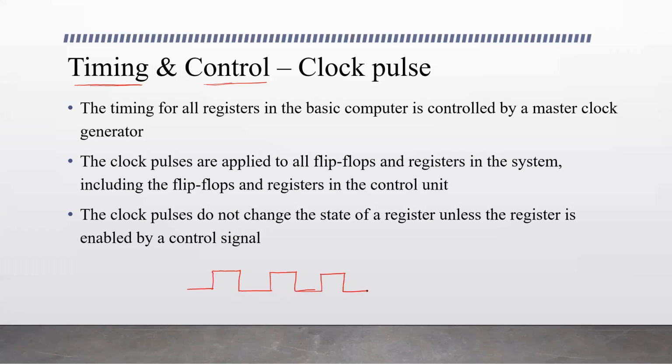Here this is the low edge and this is the high edge, or the negative side of the clock and the positive side of the clock. This is the rising or leading edge, and this edge is the falling edge of the clock.